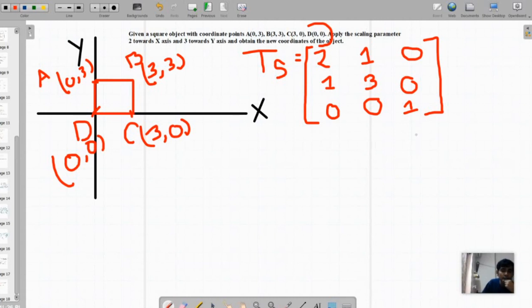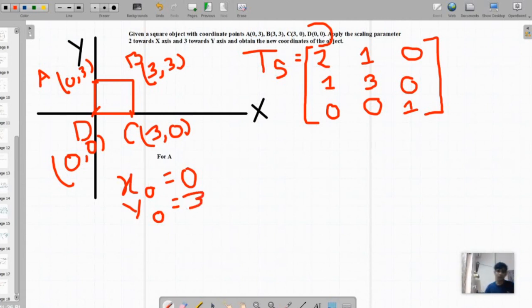Now what you have to do is multiply each and every point with this scaling matrix to arrive at the locations after scaling. Say we want to solve this problem for point A, where x old is 0 and y old is 3.